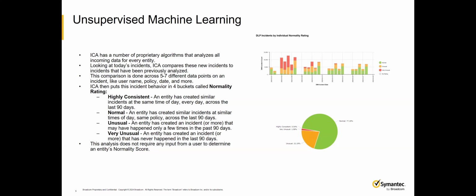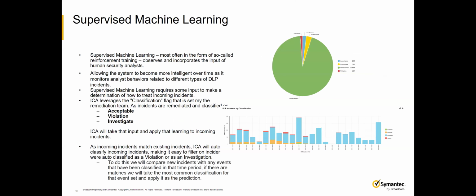Okay, so that is unsupervised machine learning. The key point to take out of that is that normality rating, and it assigning that normality rating to all of your incidents. Supervised machine learning is really going to rely on a responder or an analyst to look at an incident and say, hey, is this acceptable? Is this incident in violation?